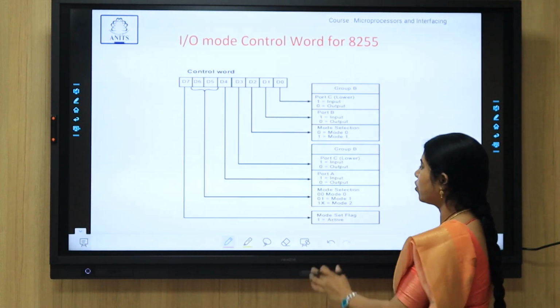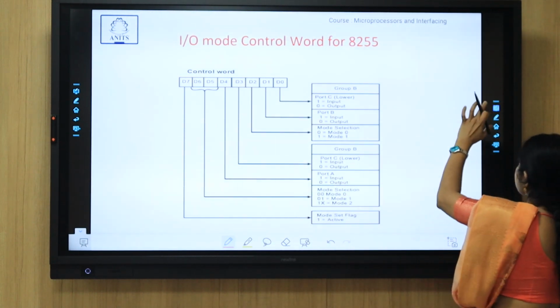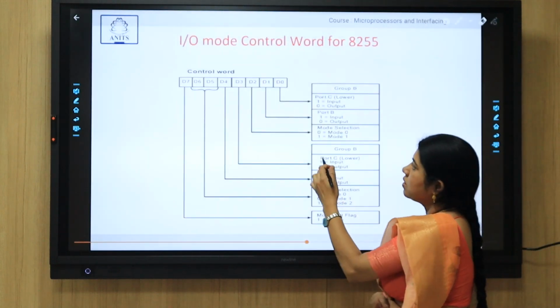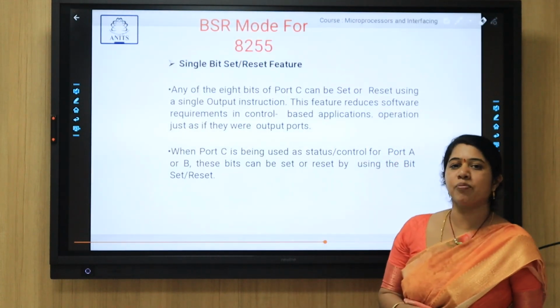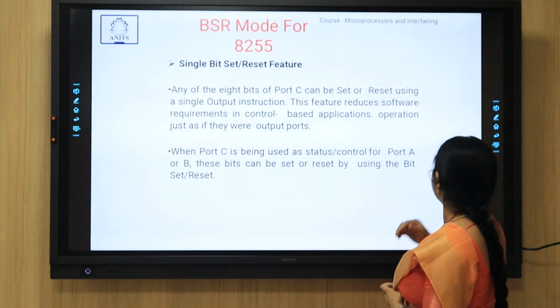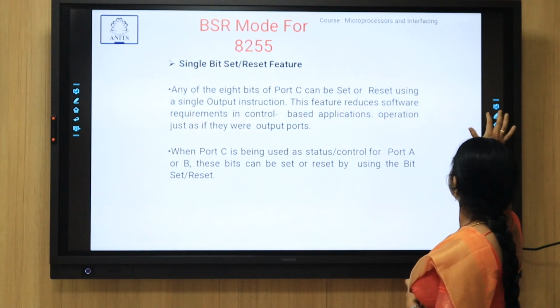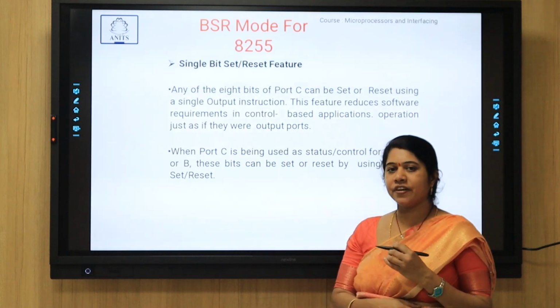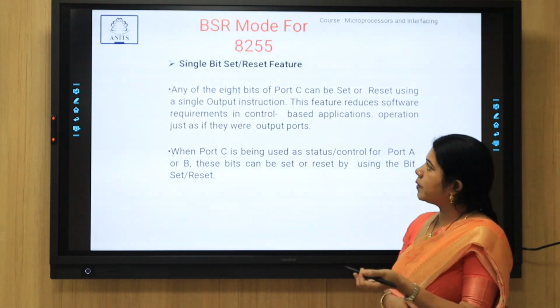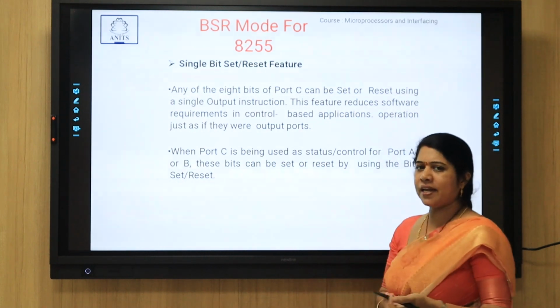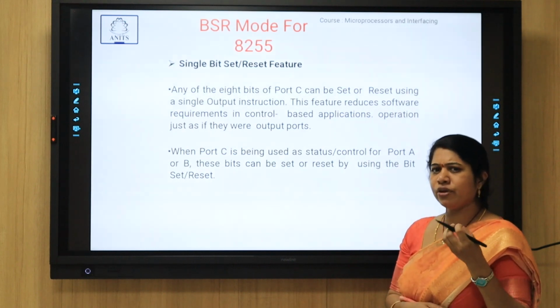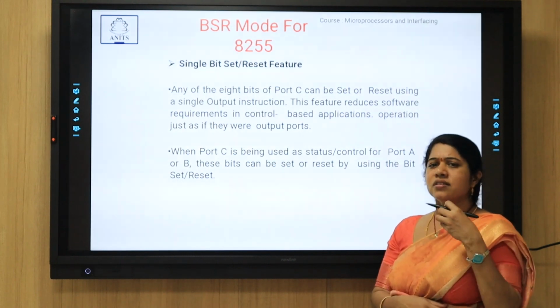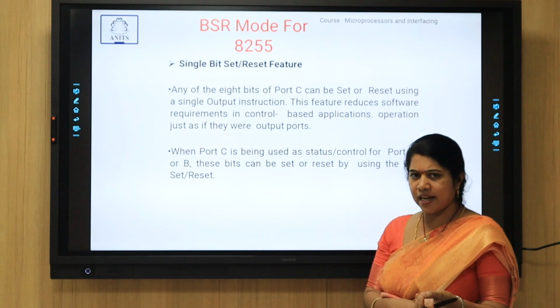Coming to the BSR mode of operation. This is one of the special modes. It is used whenever we want to interface any LEDs, or whenever we want to send some control signals over the port C lines.